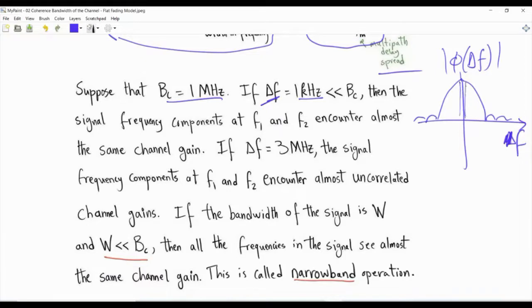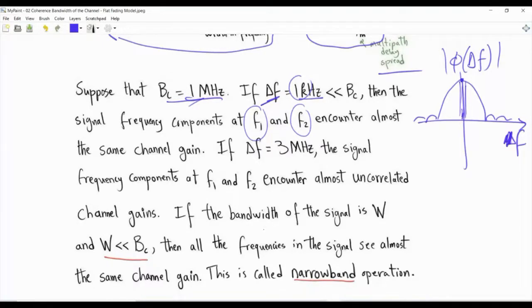If delta f is small, then the correlation is high, which means that the spectral components of the transmitted signal at frequencies f1 and f2 encounter highly correlated channels. The transmitted signal has a bandwidth, with frequencies from -W to W. Take two frequencies f1 and f2 separated by 1 kilohertz, which is much smaller than the coherence bandwidth of the channel.